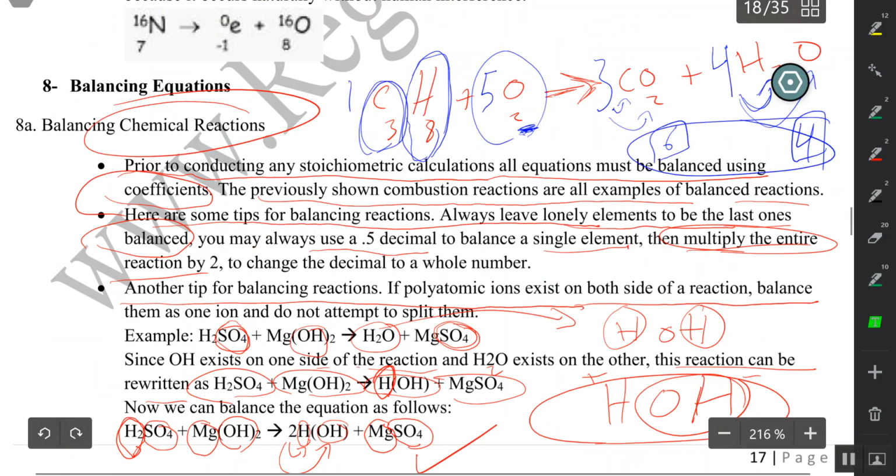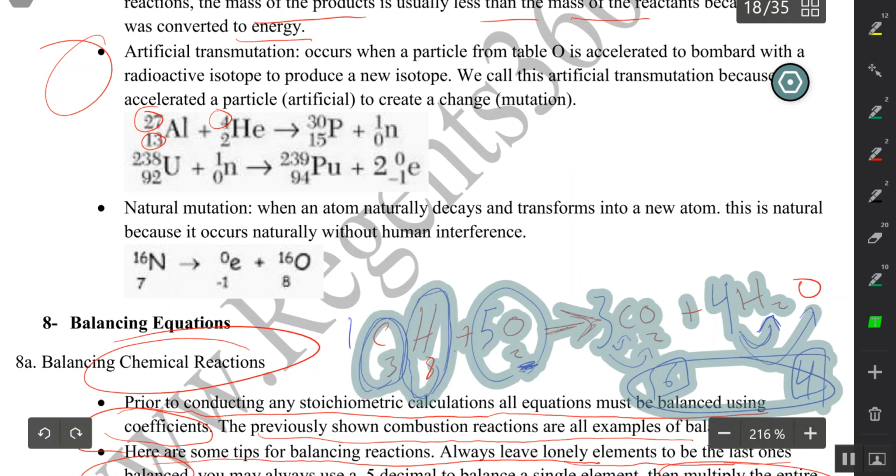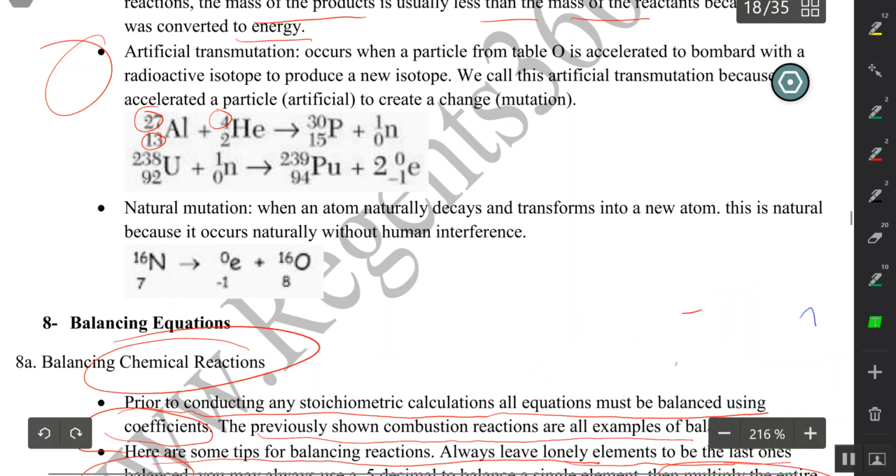Ethanol is maybe a little more tricky. So ethanol, or actually ethane, let's just do ethane. So here's ethane, C2H6 plus O2 yields CO2 plus H2O. Again, no need to rewrite H2O to HOH because there's no OH here.